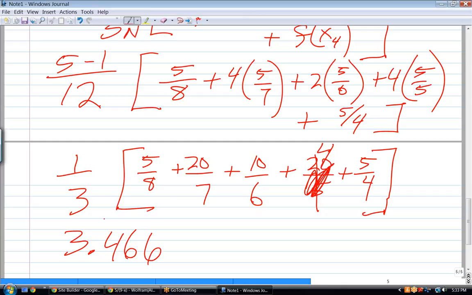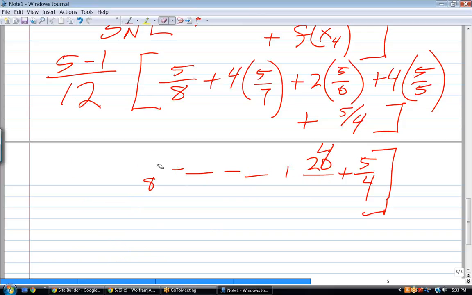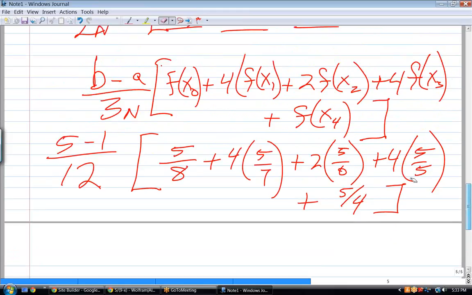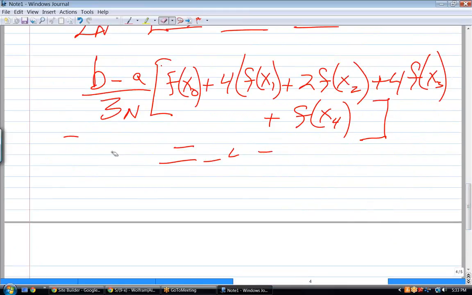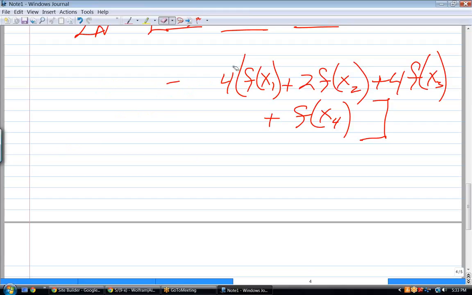And then divide that by 3. 3.466. Okay. It's a lot easier. Now, the third way they wanted was the exact way. Correct.